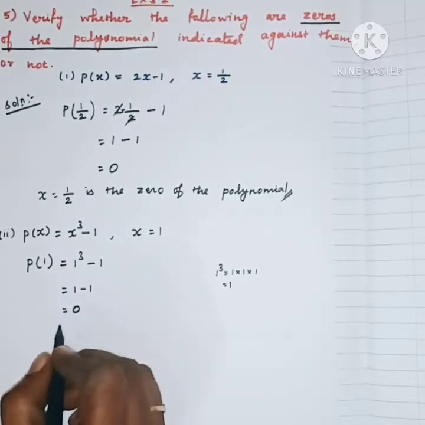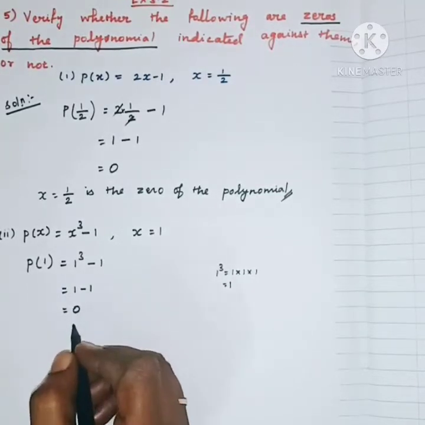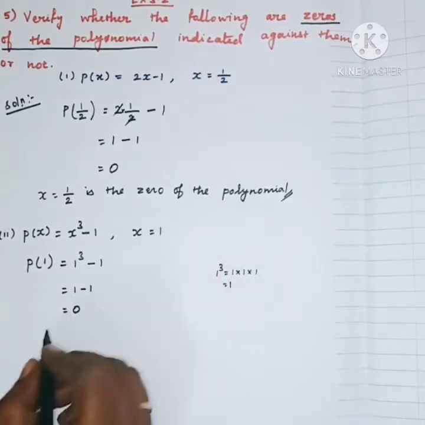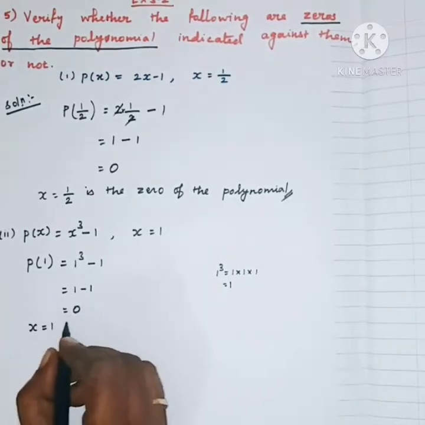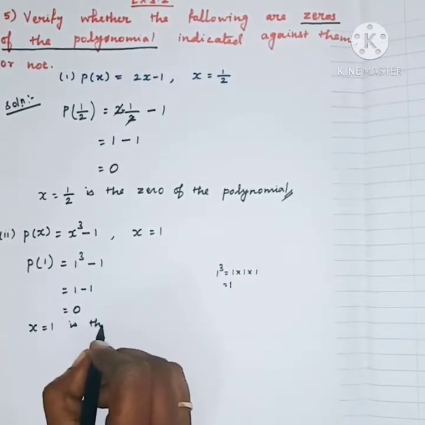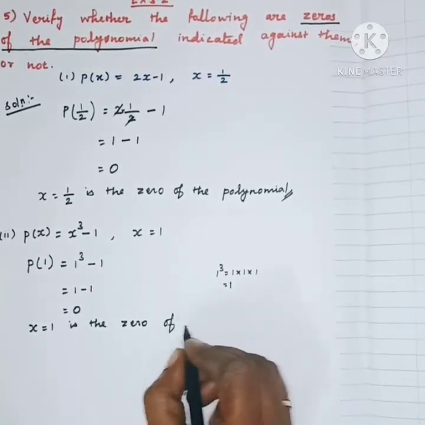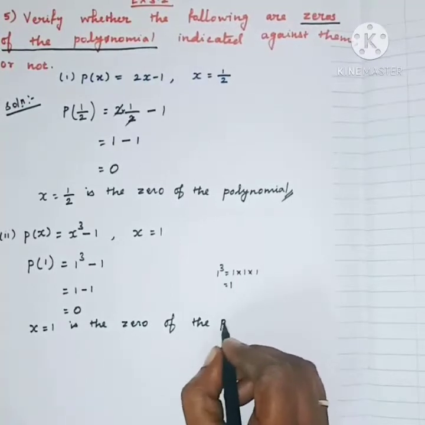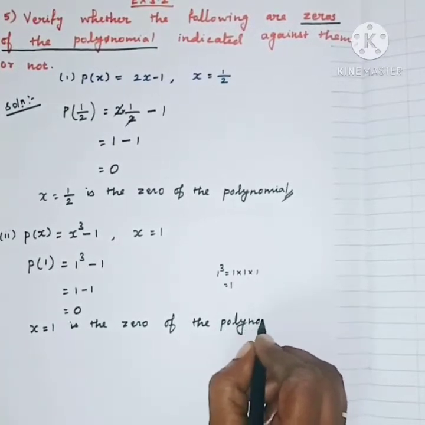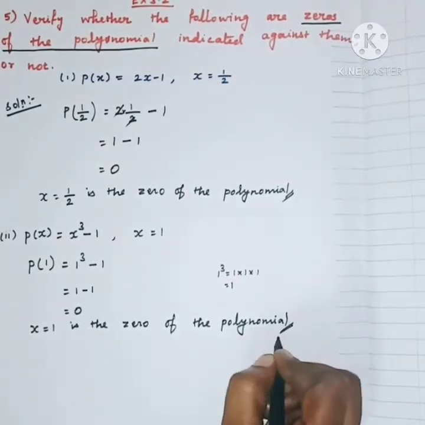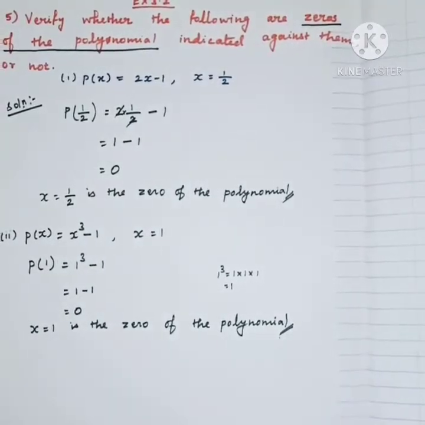So, we got the answer 0 here. So, we should say x is equal to 1 is the zero of the polynomial. This is the answer for the second sum.